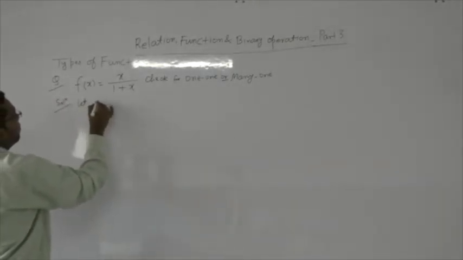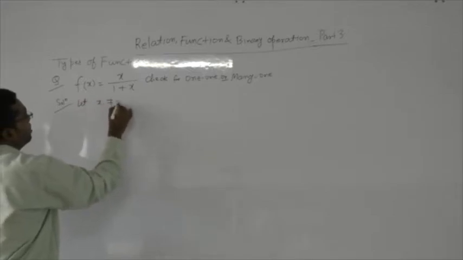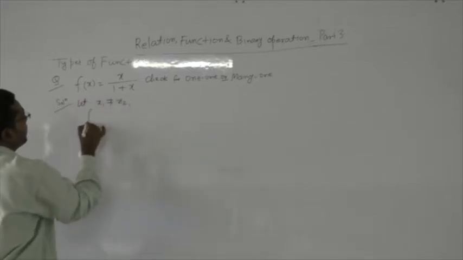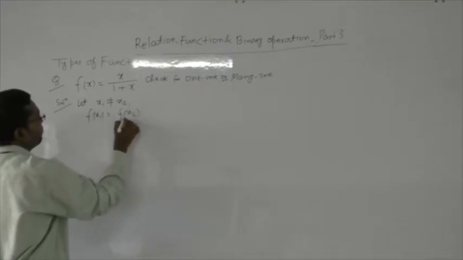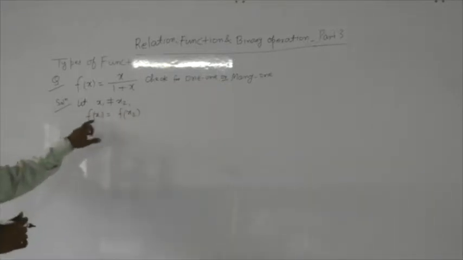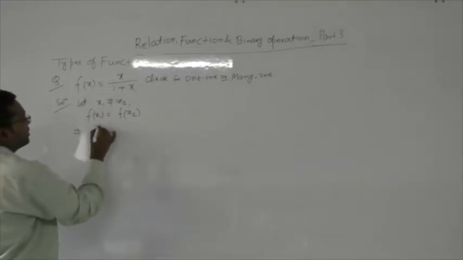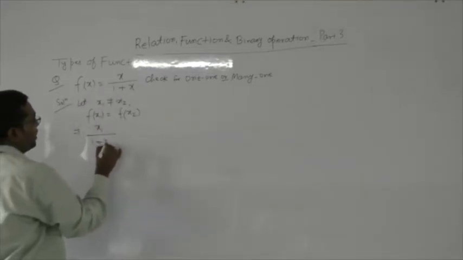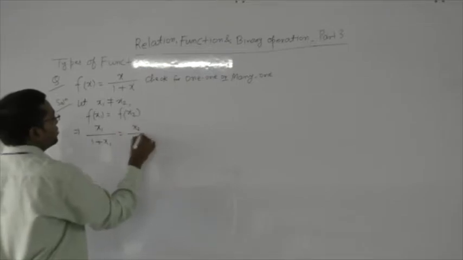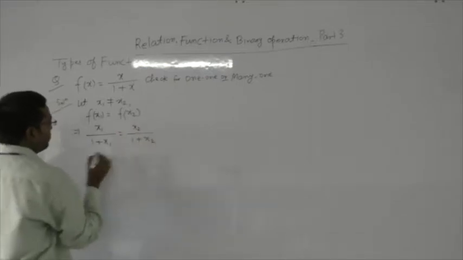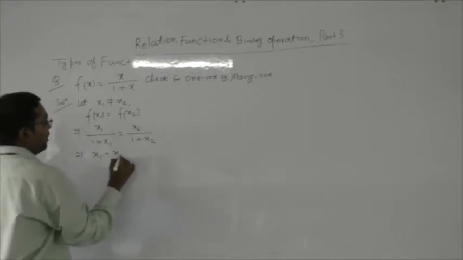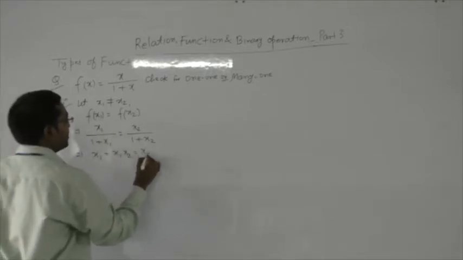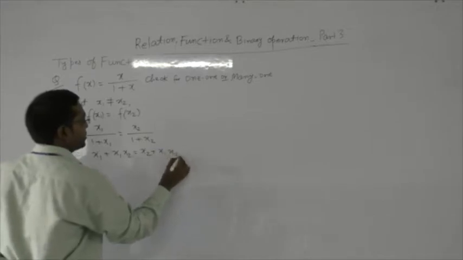Let for x1 not equal to x2, we get f(x1) equal to f(x2). Now put this value here, so we get x1 by 1 plus x1 equals x2 by 1 plus x2. Cross multiply it, we get x1 plus x1 x2 equals x2 plus x1 x2.